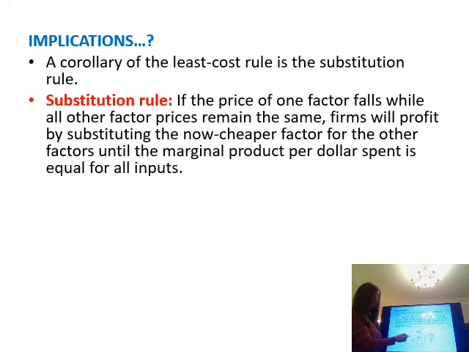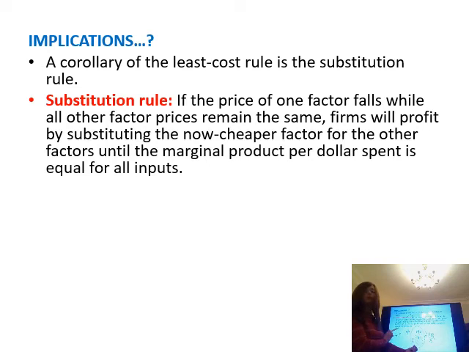When the denominator decreases, this ratio will tend to increase. So this means that it will be greater than MPK over PK. As a rational firm that seeks to minimize its costs of production, it will do what? Since the price of labor decreased, it will utilize more labor. So the quantity of labor used will tend to increase.